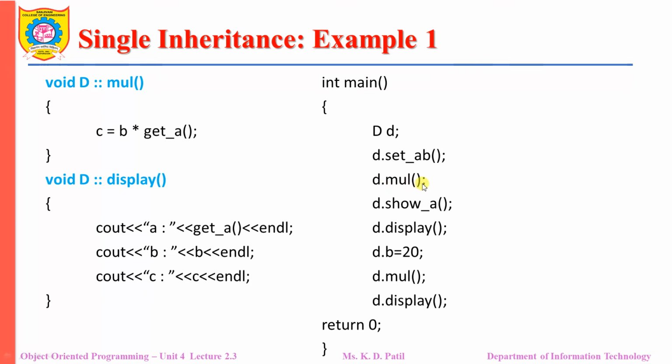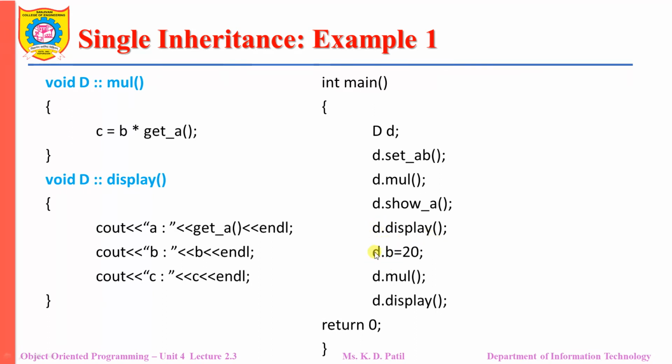I have already explained how multiplication will be performed, how we will get the value of A, and how we will get the value of B. And through that show function, the value of A will be displayed, which is also accessible to the object of derived class D. Then display is its own member, so that can be directly accessible.